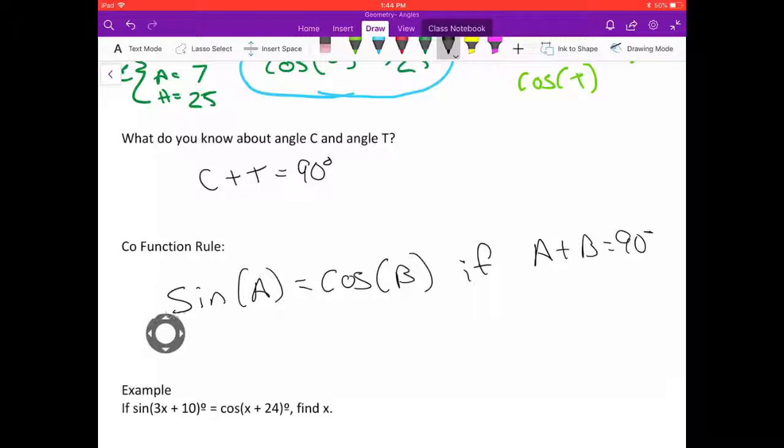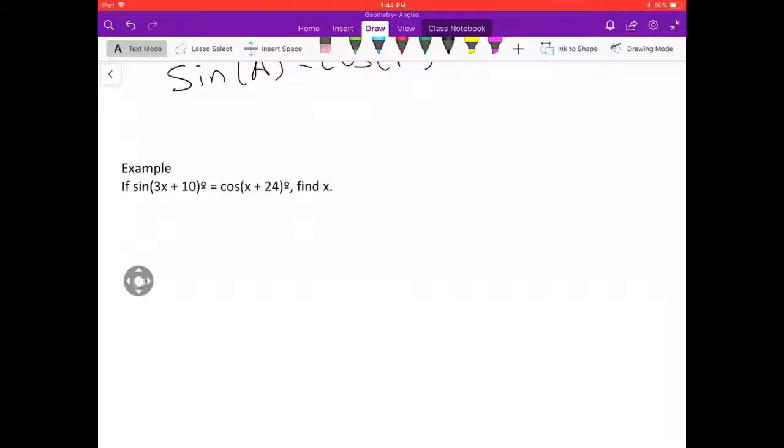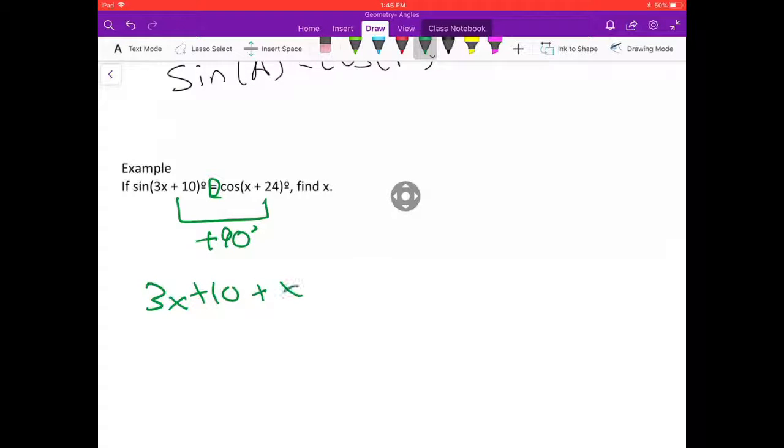All right, now, how can we see this in an algebra question or something that's a little different? We're going to show you down here. So the example is, if sine of 3x plus 10 is equal to cosine of x plus 4, then find x. Well, since they're equal, we just said that these two things need to add up to 90 degrees. So what we're going to do is set up an equation, add them together, and set them equal to 90 degrees.